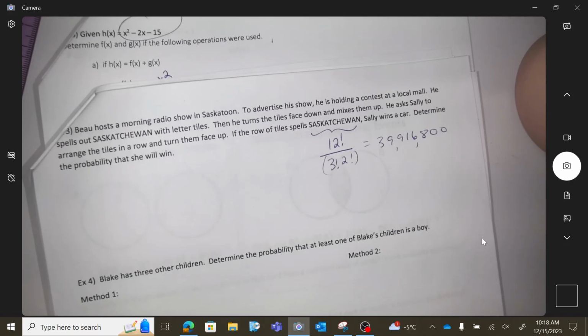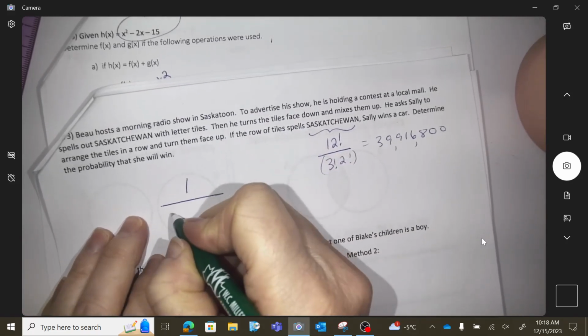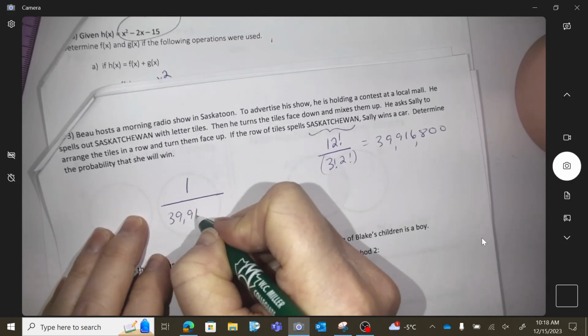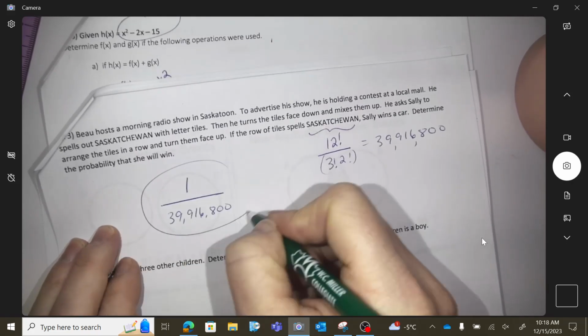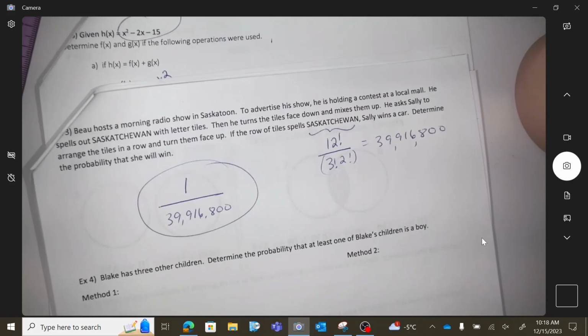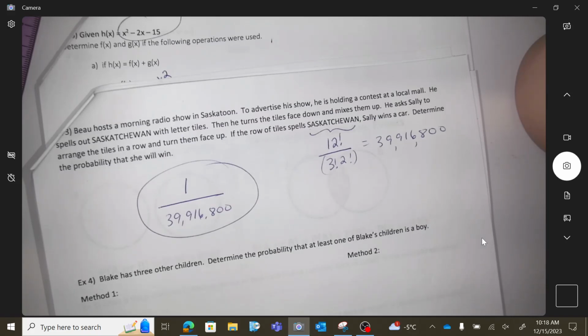So what's the chance? What's the probability that she is going to have the one arrangement that she wants? 1 out of. There would be only one arrangement that would be possible for her to win. So that's how you do a probability on those situations, 1 out of that many options.